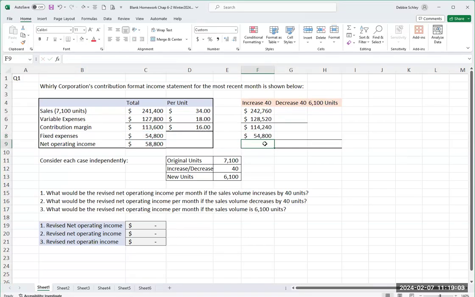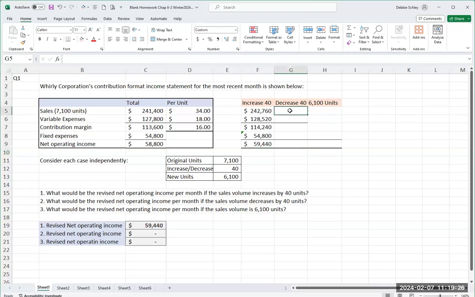And then I know net operating income equals contribution margin minus fixed expenses. So for my first one, for an increase of 40, I get 59,440. So basically, I'm just making little mini income statements right here for each scenario.